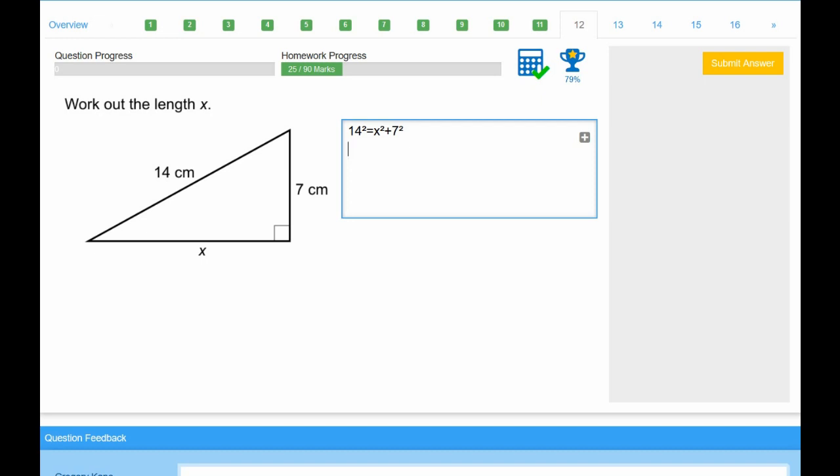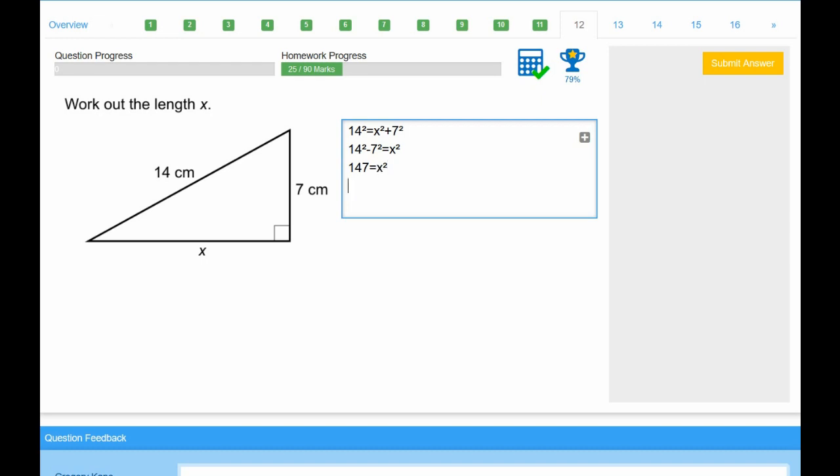And then I know I want to find x. What I have to do is subtract that 7 squared. So I have that written out. So I'm going to work out what is 14 squared minus 7 squared. That tells me it's going to be 147 is going to be equal to x squared.